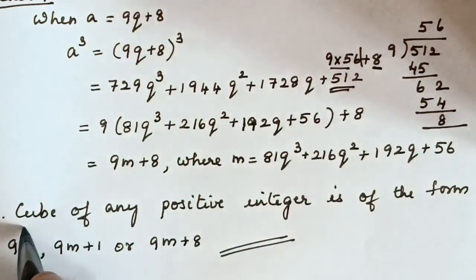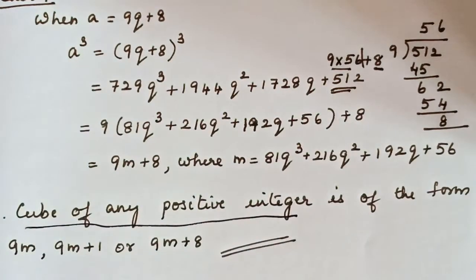You can try this with any number; whatever number you get, you can write it in the form 9m or 9m plus 1 or 9m plus 8.